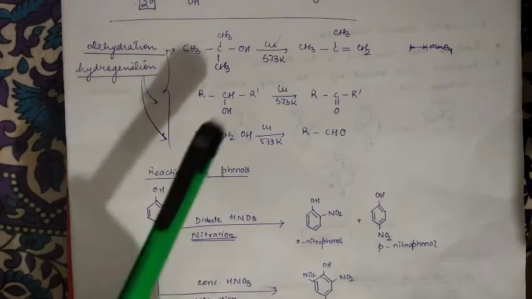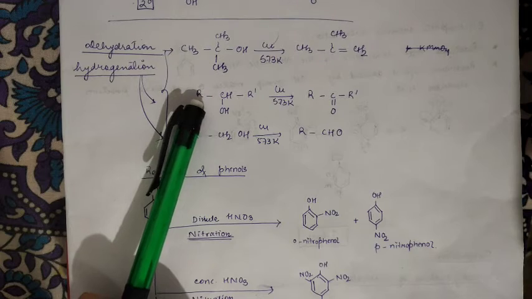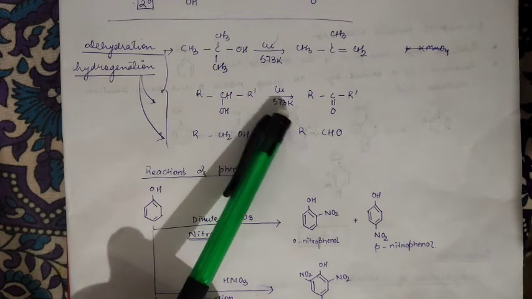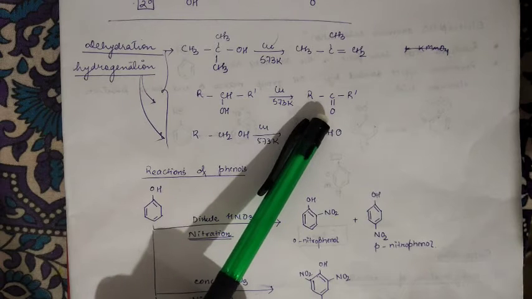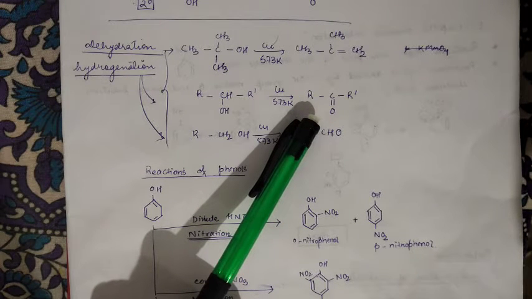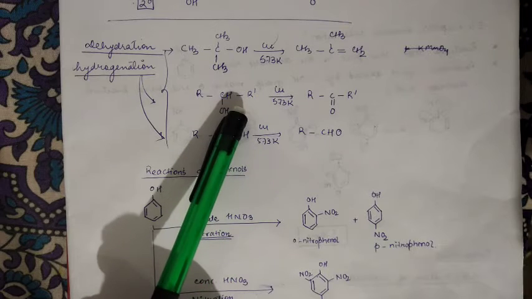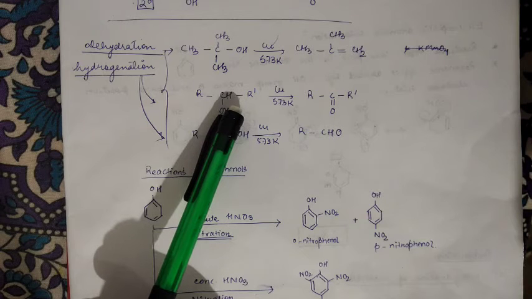Next, when we pass the vapors of secondary alcohols over copper at a temperature of 573 Kelvin, we will obtain a ketone. So you can see that basically during oxidation, the secondary alcohols tend to form ketones, primary alcohols form aldehydes, and whenever we use chromium trioxide, the tertiary alcohols do not produce any yield.